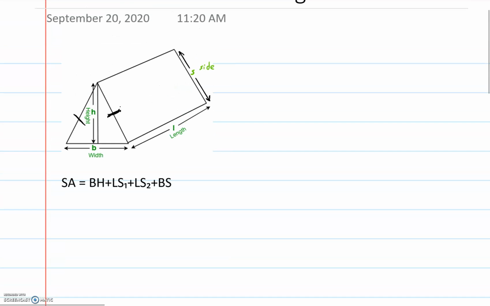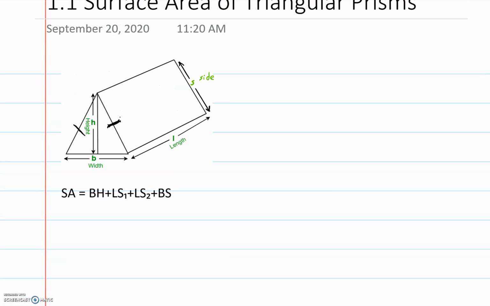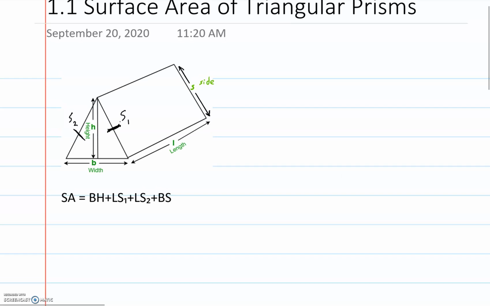So we could have a side 1 here and a side 2. If they're both given to you, then you can do it like that. If they're equal, then you could separate it out. But that's okay. Let's keep it with side 1 and 2 so that we don't make a mistake in the future.